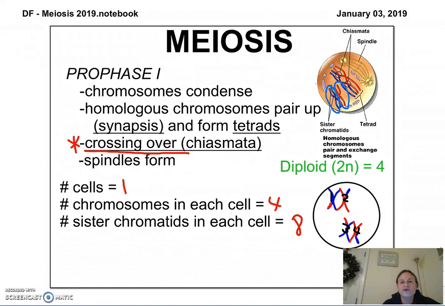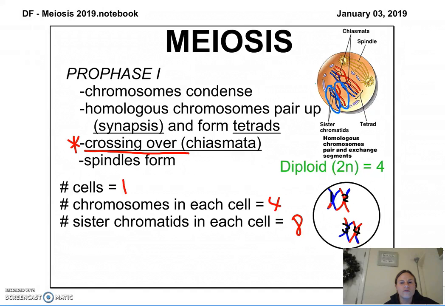Those homologous chromosomes pair up at what's called a synapsis and form tetrads. Crossing over is what's going to occur at prophase 1. Crossing over is really important. I like to think of it as the chromosomes are kind of playing footsie.